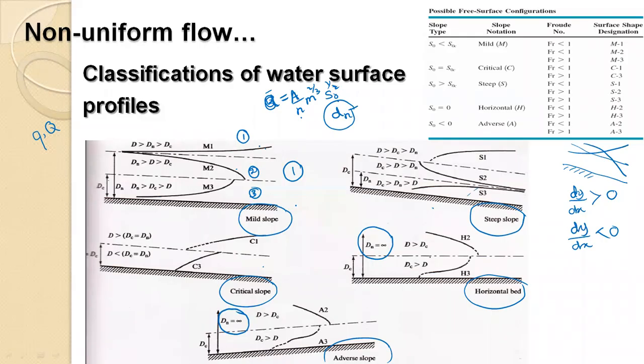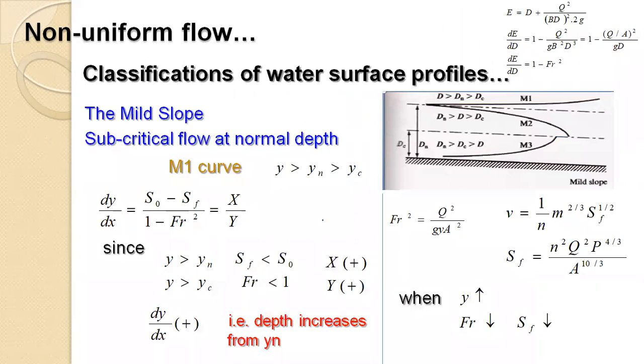Now I'm going to take this mild slope condition, and see how I could say that this is increasing, this is decreasing, and this is also increasing. So this one has dy by dx positive, this one has dy by dx negative, and this one again has dy by dx positive.